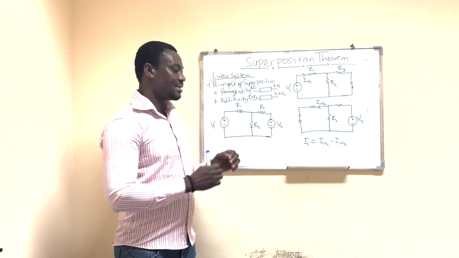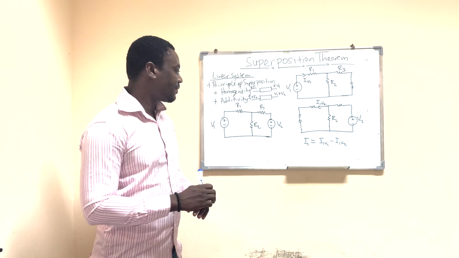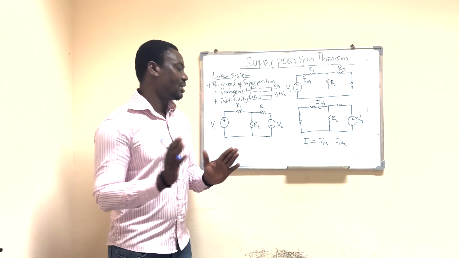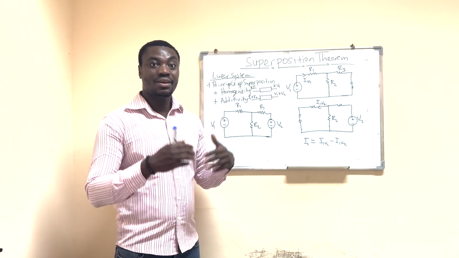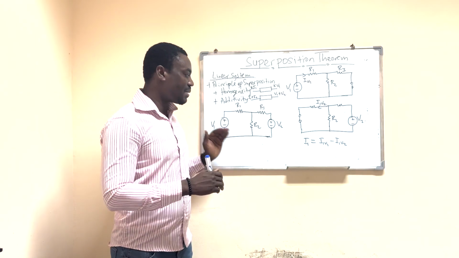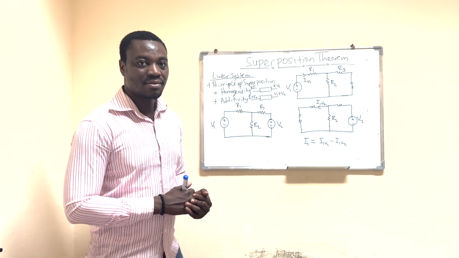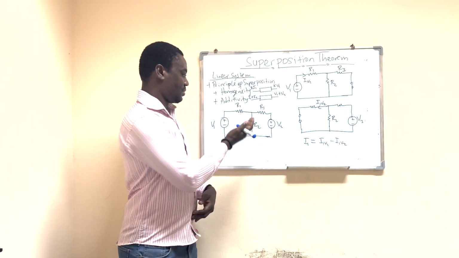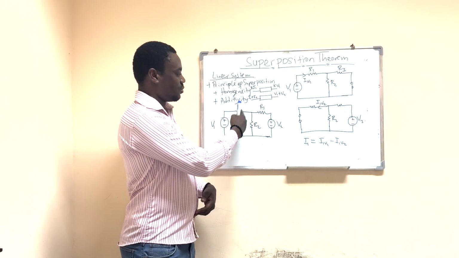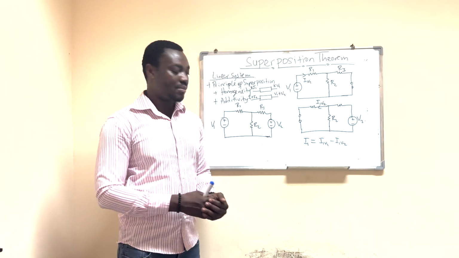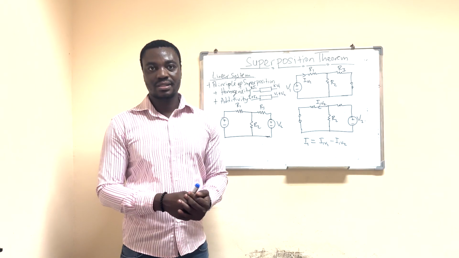So what that means is that if you have a circuit diagram and you have, for example, a resistor in the circuit diagram, and you are interested in finding the current passing through the resistor, for example, as you can see here, this is an example. We have 3 resistors in the circuit diagram and then 2 voltage sources.